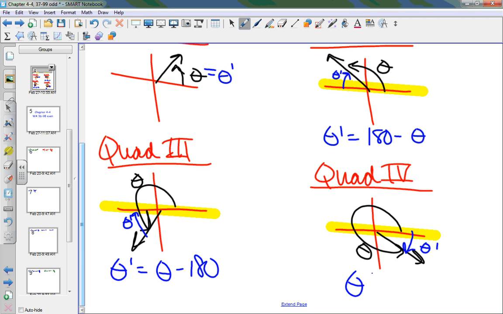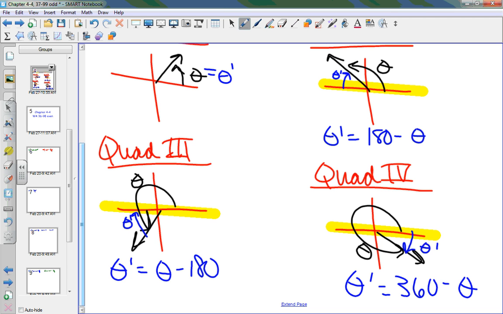And how do I find theta prime? Can't use 270 because that's the vertical axis. Horizontal axis. Is this where I use 360? Uh-huh. 360 minus theta is correct.